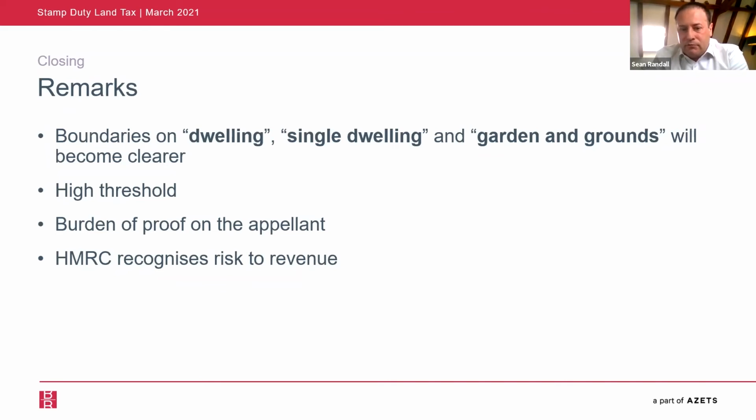So the buyer will have to show ultimately to the tribunal or court satisfaction that a derelict dwelling is not suitable for use objectively as a dwelling, or an annex is suitable for use as a single dwelling, or that adjoining land is not part of the grounds of the house. So those two things, high factual, evidential threshold, and also the burden of proof combined means that this is really quite tough.